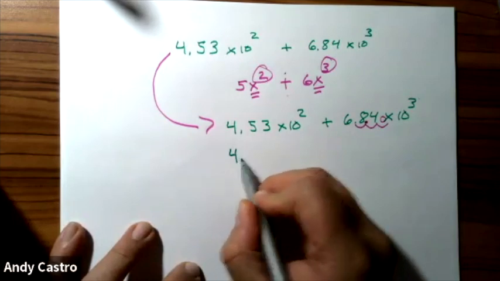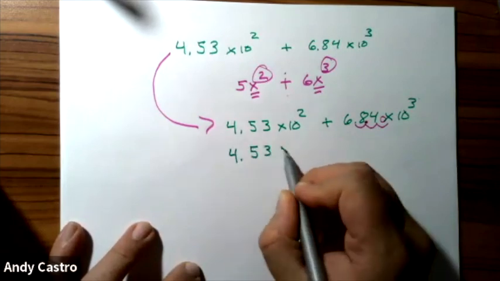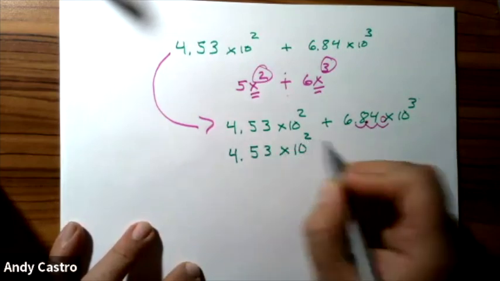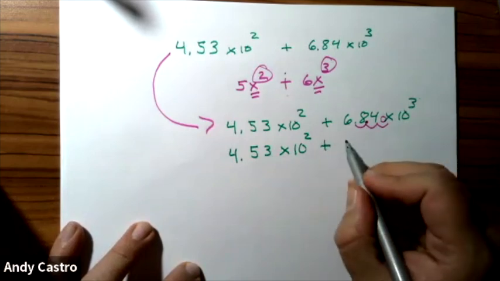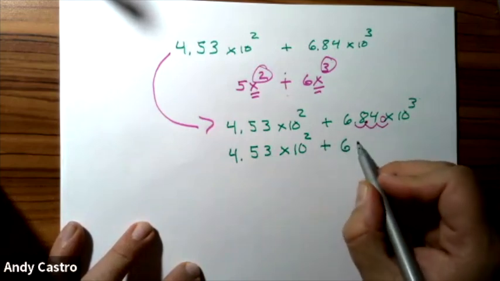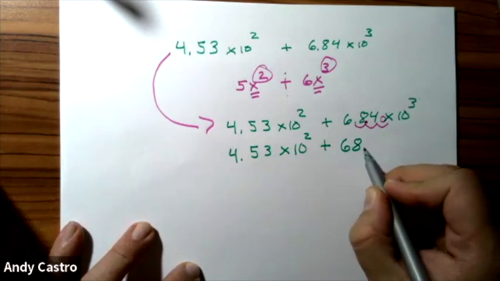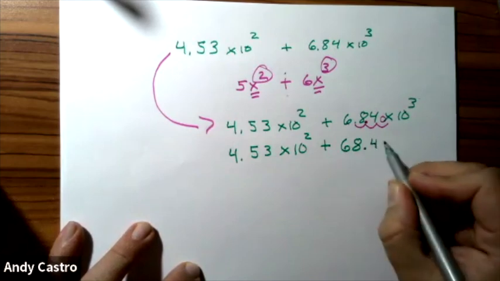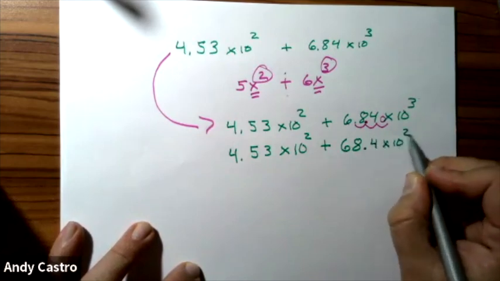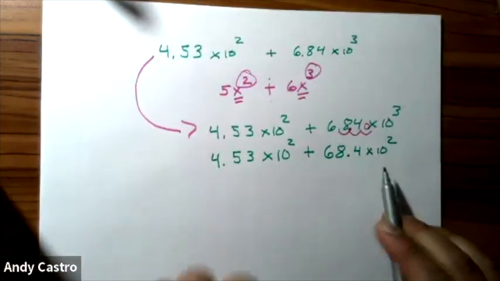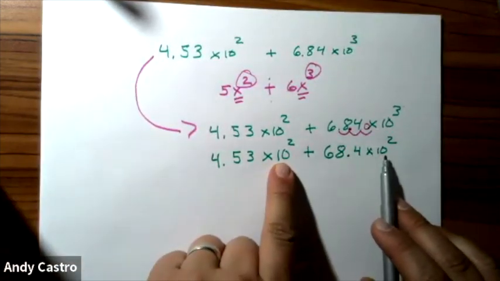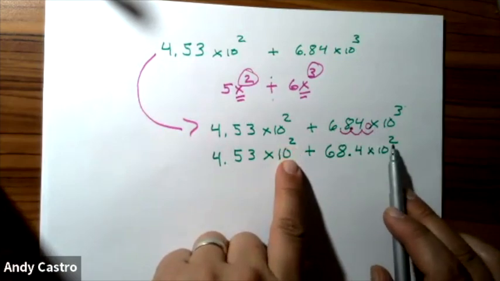This is going to be 4.53 times 10 to the second plus, now I'm going to move this number out of scientific notation, but it is going to have the property of having the same base, 10 to the second, 10 to the second.